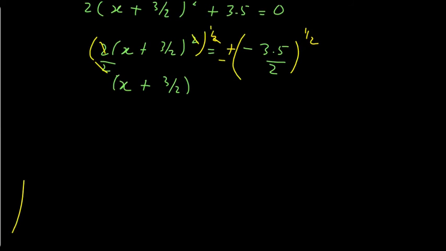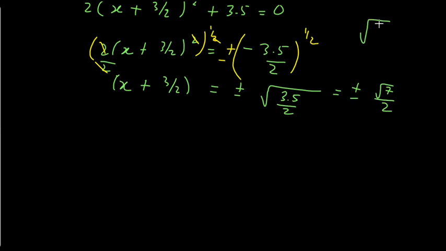So now we have x plus 3/2 is equal to plus or minus square root of 3.5/2, which is the same as plus or minus square root of 7/2.